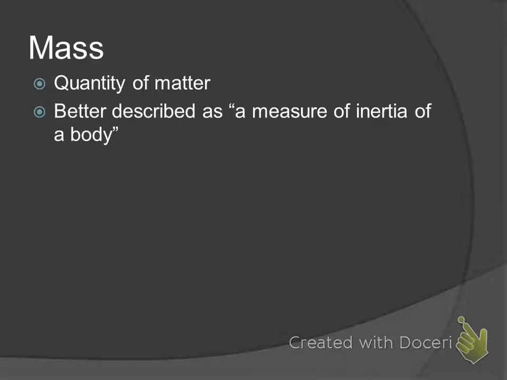It's harder to move a heavy object than it is to move a light object. It requires more force to move a heavy object. It has more mass, so it has a greater tendency to resist change.